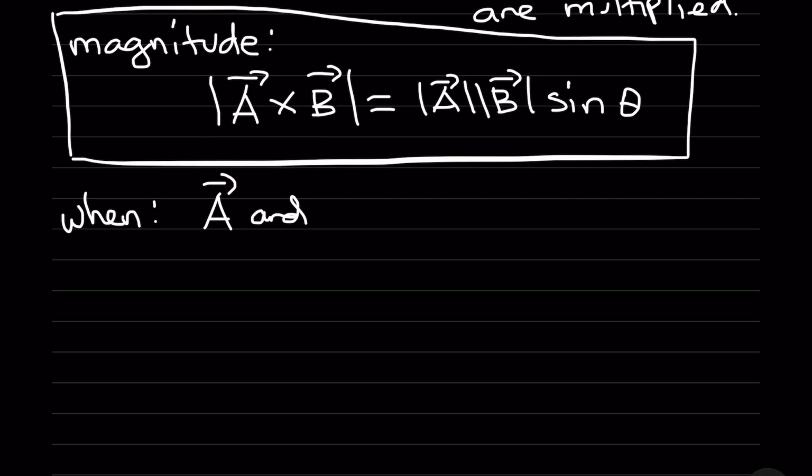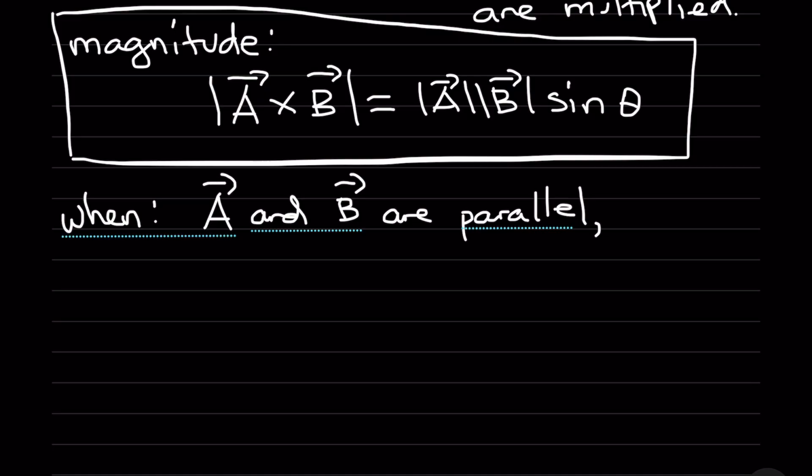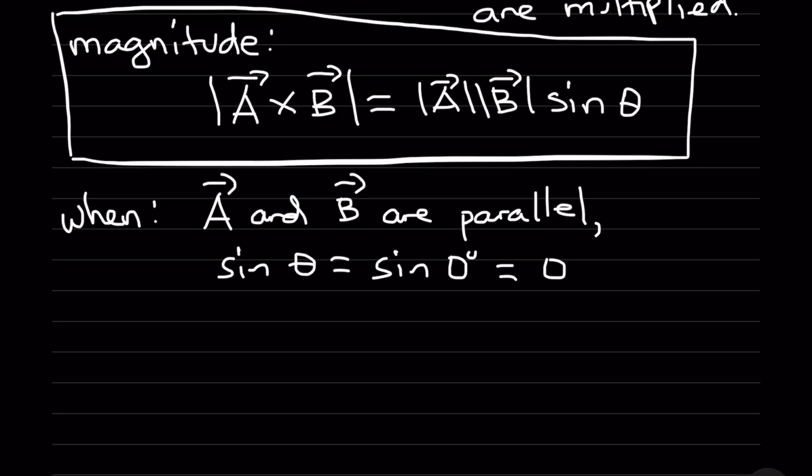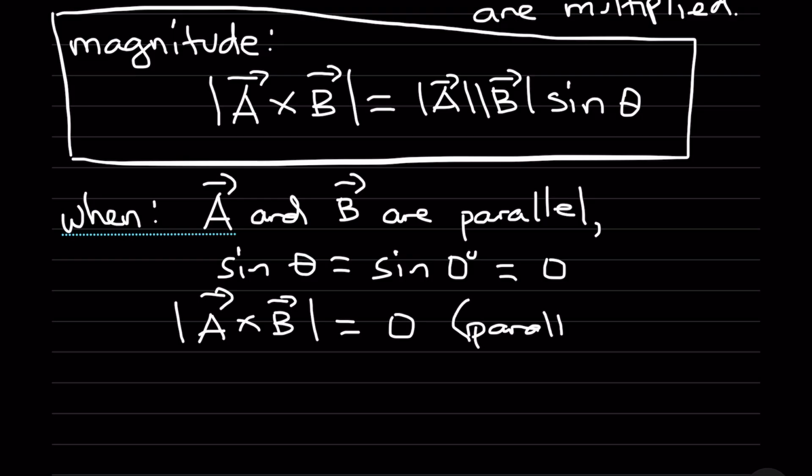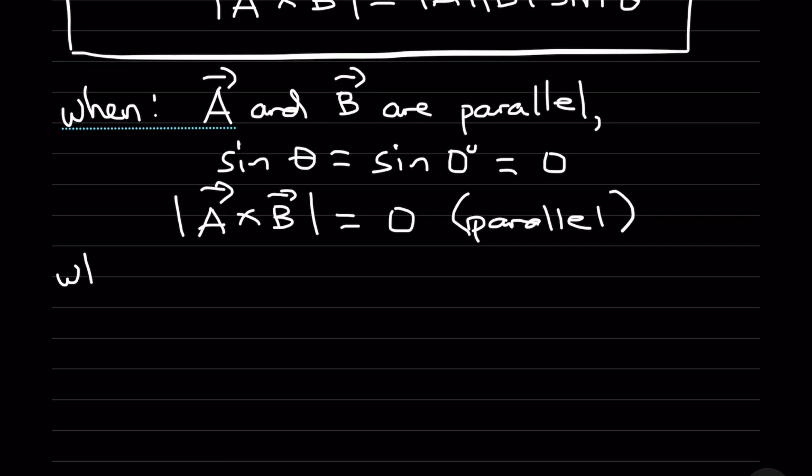Now let us consider different cases for the values of theta. When A and B are parallel to each other, the angle between vectors A and B is equal to 0. So sine 0 is equal to 0. So if the vector product of the two vectors is equal to 0, you know immediately that they are parallel to each other.